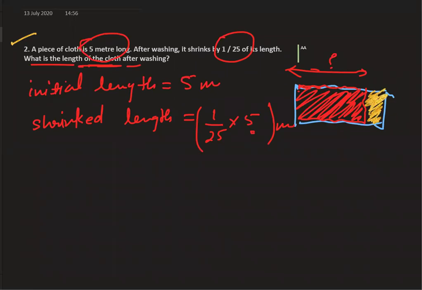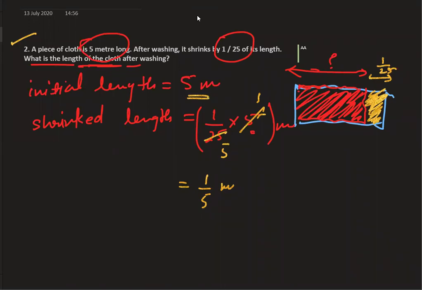So to find it, what we have to do, because this portion is 1/25 of the whole length and the whole length is 5, that is why we have to calculate this, we have to find this. So 1 5 ones are 5, 5 5s are 25, 1/5 meter. So the yellow portion is 1/5 meter and the whole length was 5 meters.